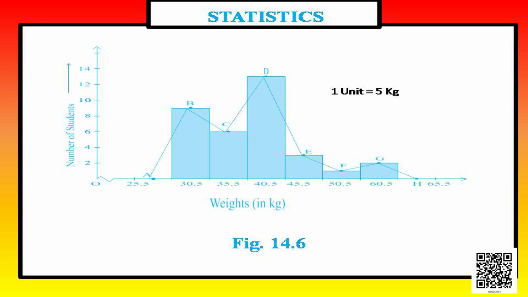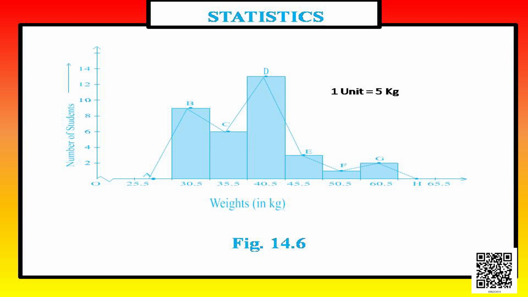On the same figure I am doing, see here in the first bar, that is on top of 30.5 to 35.5, we mark the middle point as B, and similarly in the next bar on top of 35.5 to 40.5, we mark the middle one as C, and in the third bar we mark the middle one as D, and similarly E, F and G. But for the two end points, since the limit was starting from 30.5, we go one more, that is beyond the limits on both the sides.